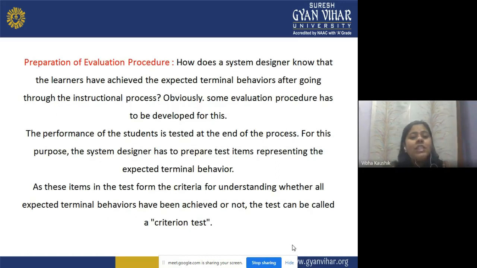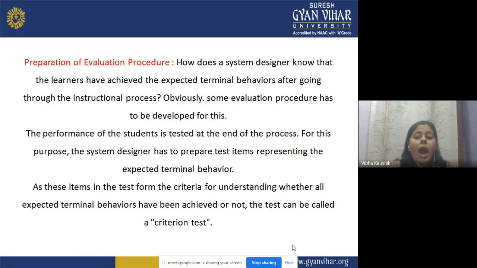Now, the second one is preparation of the evaluation process. How does a system designer know that the learner has achieved the expected terminal behavior after going through the instructional process? How will I be able to judge whether my learners are able to achieve the expected terminal behaviors or not? Obviously, some evaluation process has to be developed for this.